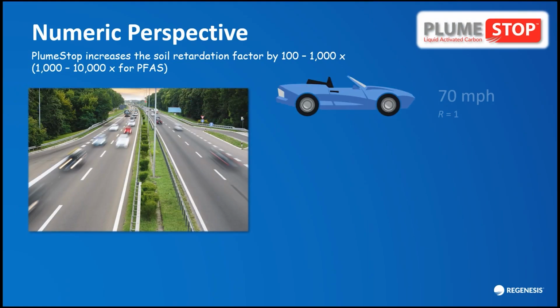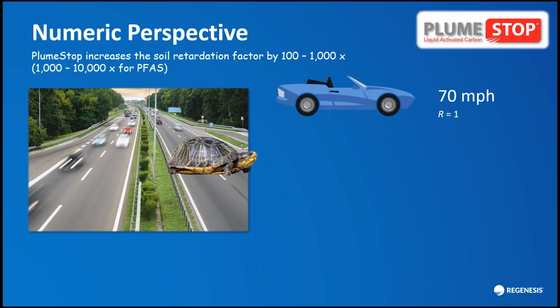So how can we understand this in terms that are easier to relate to? Well, let's take a freeway example. You might be driving at, say, 70 miles an hour. Let's use this as the reference velocity, r equals 1. So this is the velocity of groundwater in our analogy. Against this, what does a retardation factor of 100 to 1,000, 2 to 3 orders of magnitude look like?